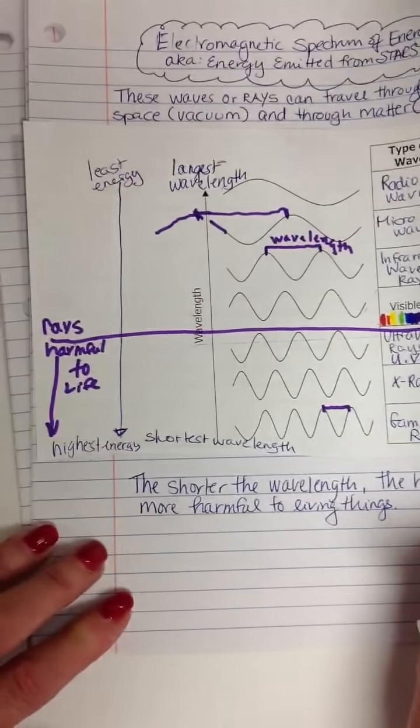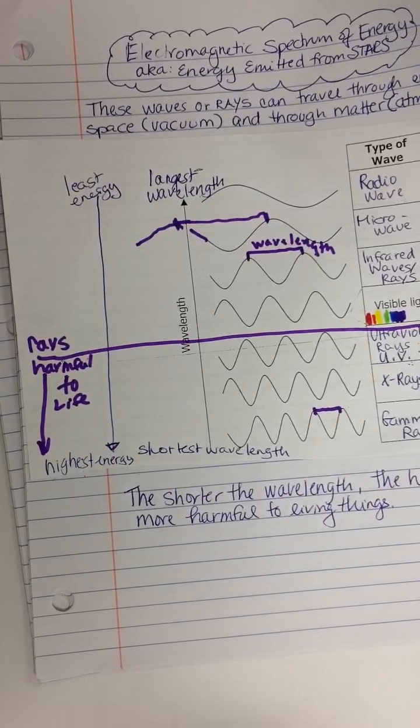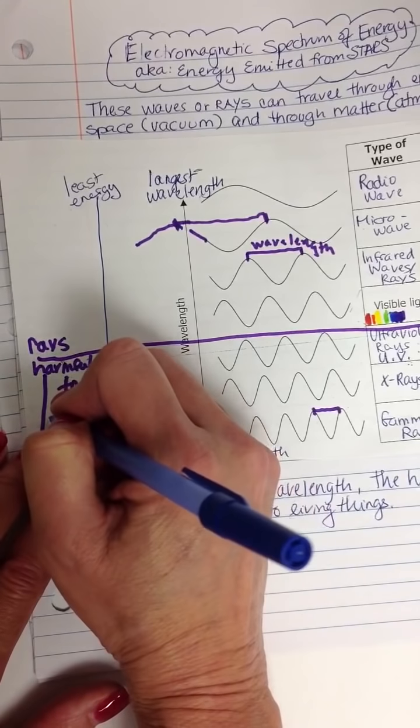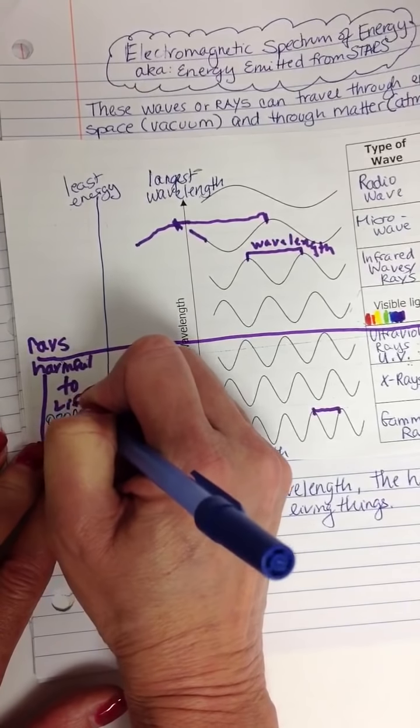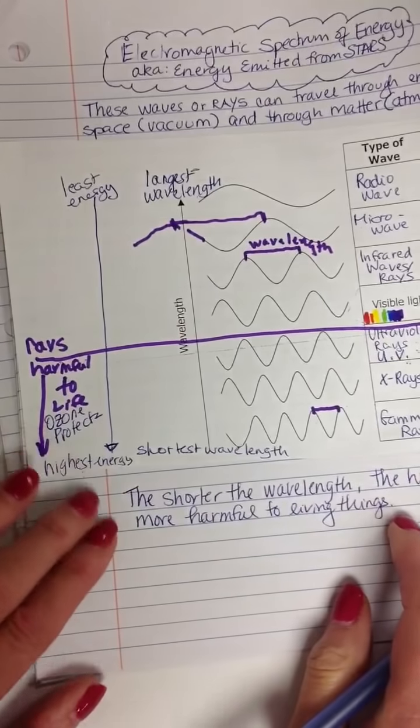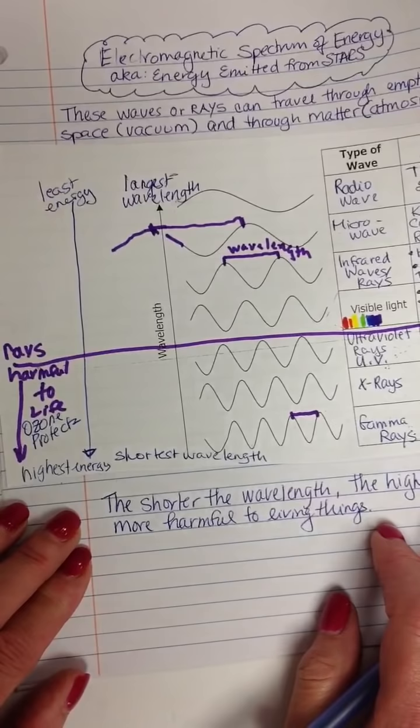What is that? If you said ozone layer, you're absolutely right. So the ozone layer adds protection from these harmful rays. So ozone protects from most of them. Okay? So we do get some protection.